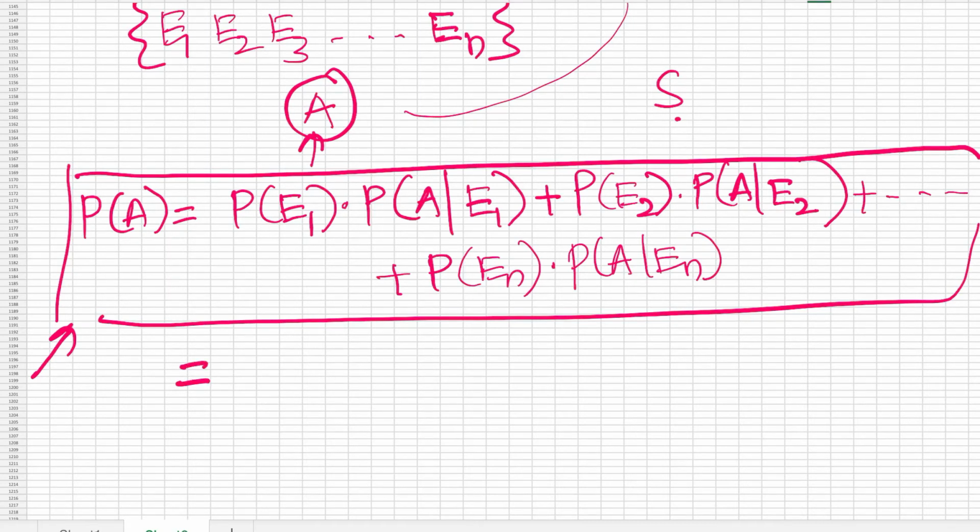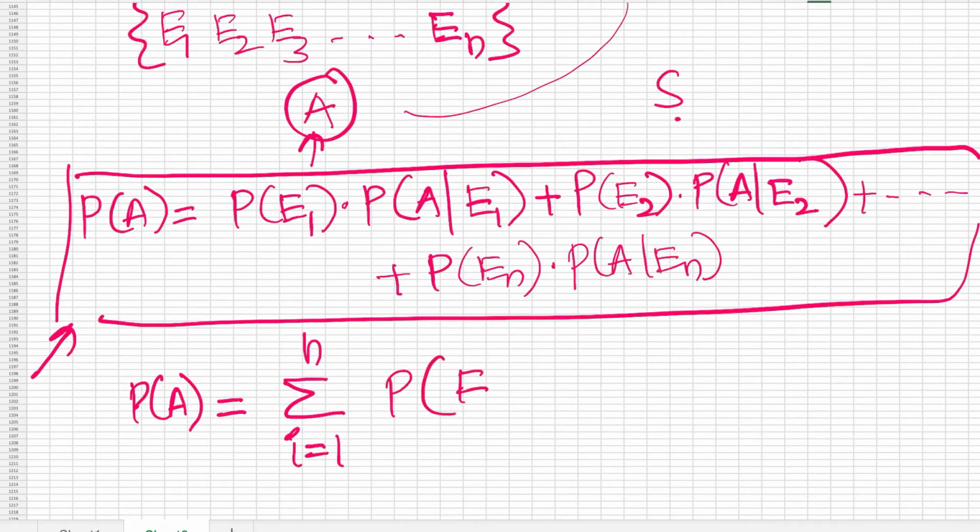If we wanted to make it a standard formula, then this is how we can make it. So the probability of A will be equal to the sum from i equals 1 to n of P(Ei) multiplied by P(A given Ei).